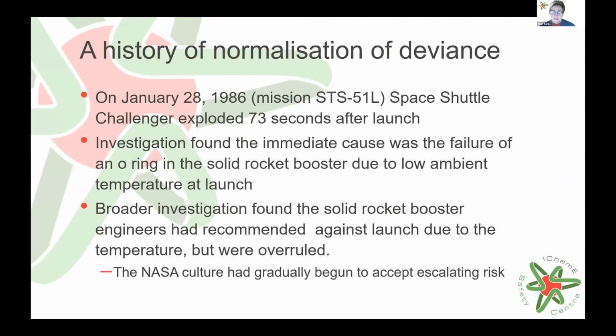The engineers didn't want to launch that day because they were worried about the O-rings, but they had no evidence to suggest it was really a problem. So the launch went ahead, and an investigation found that the engineers had been overruled in this instance.